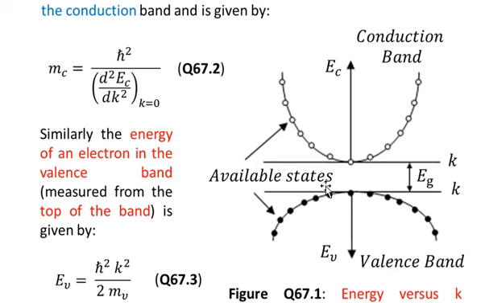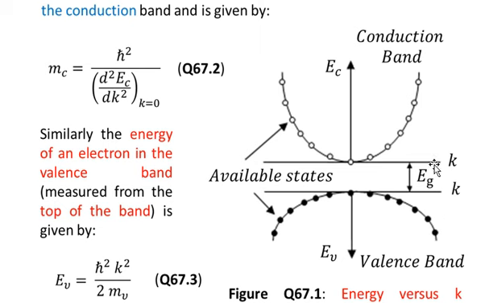These are actually the available states. The electrons, for example, in the valence band could be in any of these states, and similarly when excited, the electron can go to any of the states available in the conduction band. So these are the available states in the valence band and the conduction band. E_G is actually the gap between these two bands.